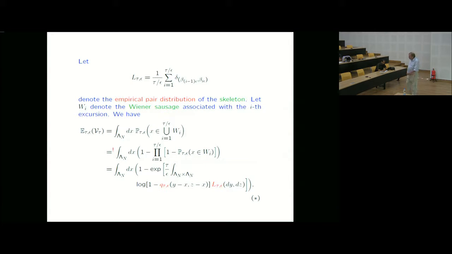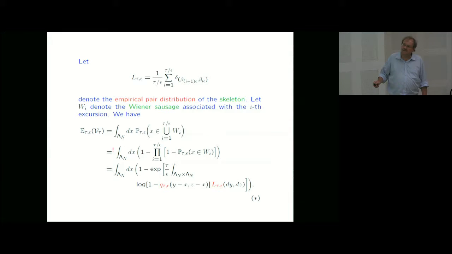So life is getting a bit simpler as we go along. But this is an important step where you have to realize that you can express this conditional expectation of the volume in terms of the empirical pair distribution associated with a skeleton.